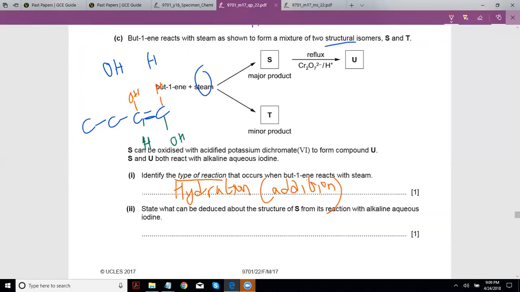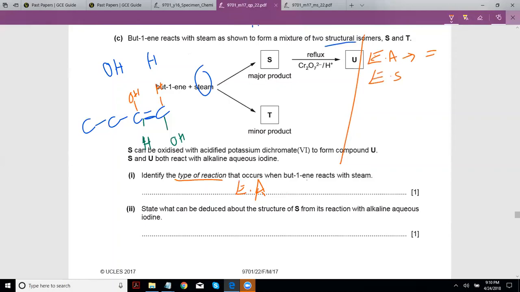When the question asks for the type of reaction, try to be more specific. Say it's oxidation, say it's reduction, say it's an addition. What form of addition? Here it was electrophilic addition. Electrophilic addition happens in alkenes.